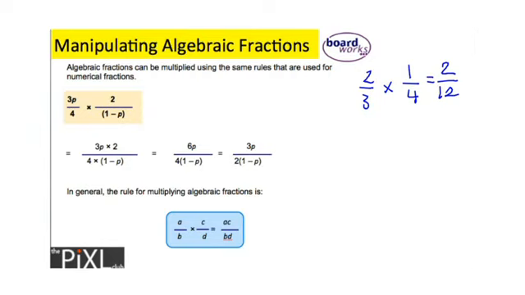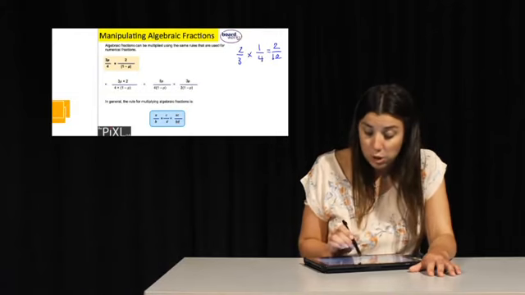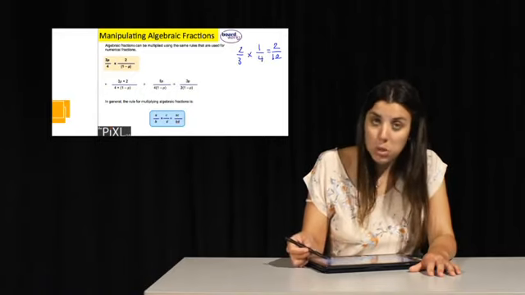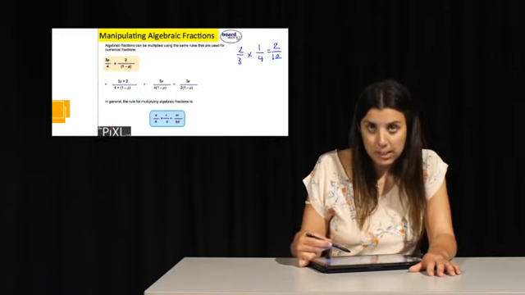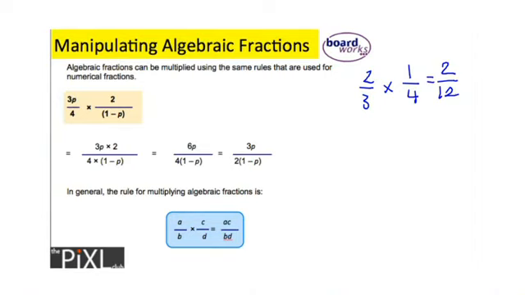So we divide through by 2, we're left with 2 on the bottom, 2 bracket 1 minus p, and on the numerator, 3p. That is the fraction multiplied just like we did with the numbers, expressed in its simplest form. The rule here, you can see the general rule using a's, b's, c's and d's to represent our fractions, we just multiply. So it becomes ac over bd. So the numerators multiply together, the denominators multiply together.